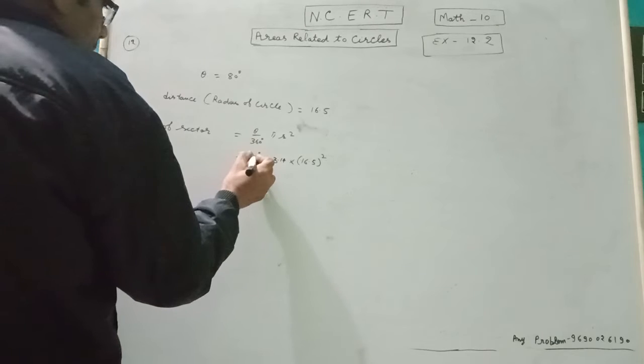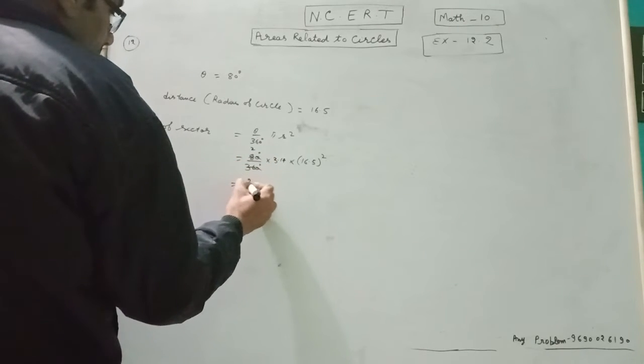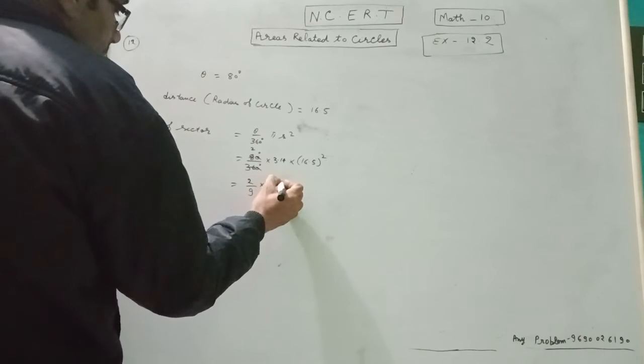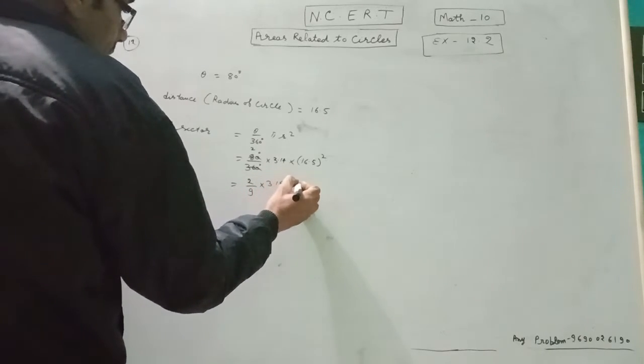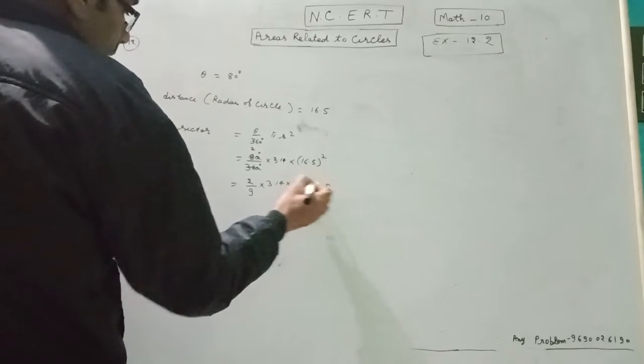Simplifying, 2 upon 9 into 3.14 into 16.5 into 16.5.